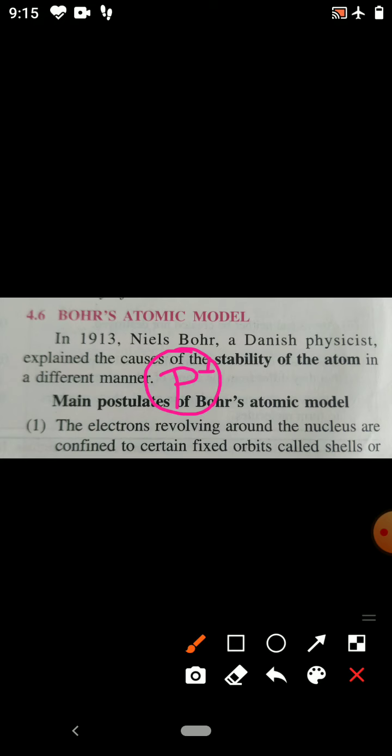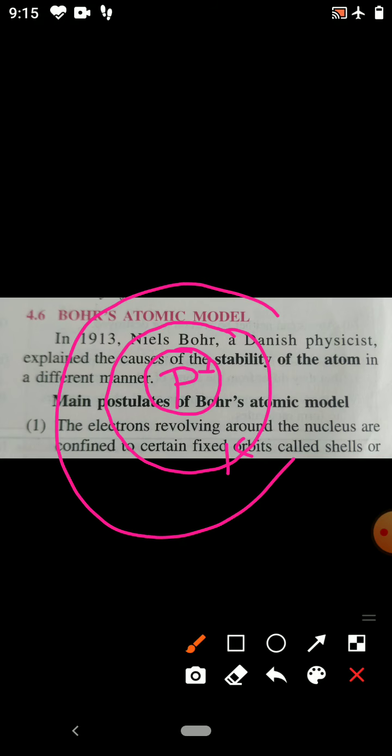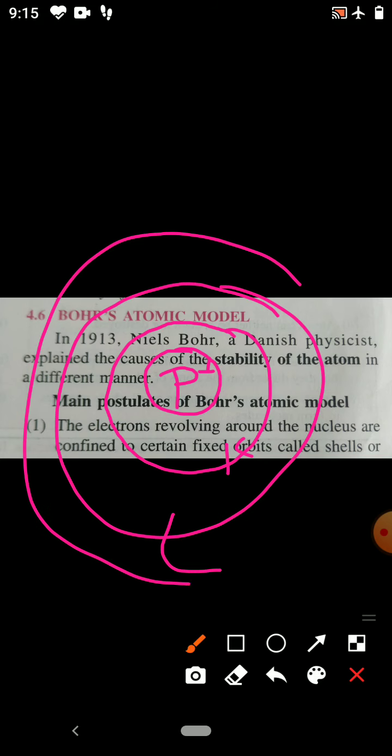Electrons are revolving around the nucleus in fixed orbits. This is the first orbit, represented by K. Now the second orbit is represented by L. Third orbit represented by M. Like this, there are fixed orbits.